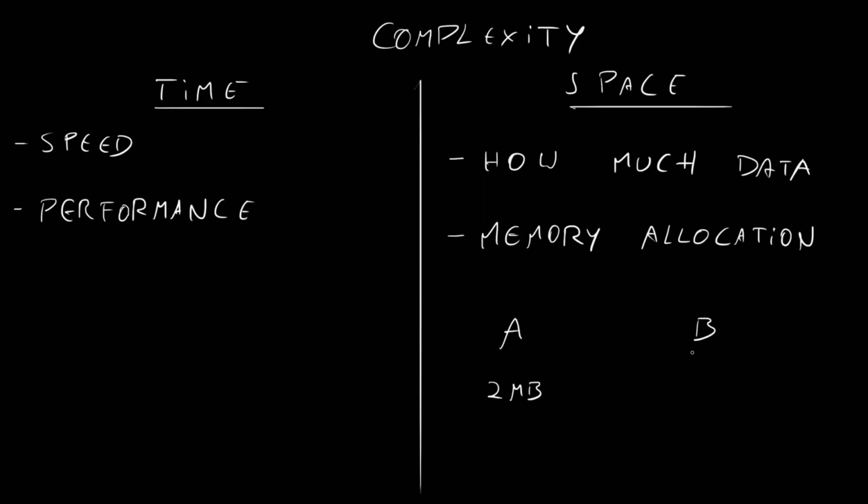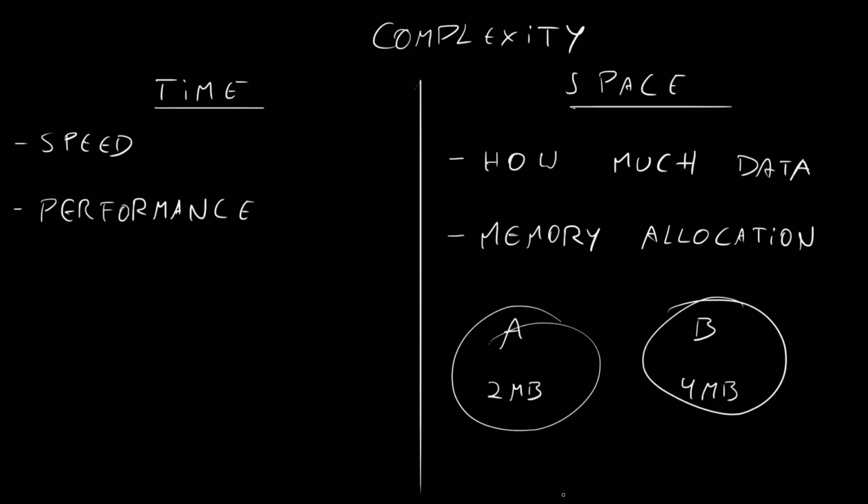So the input is the same, the output is the same. This has to be clear, right? Of course, if you have different input and different output, then you might need different allocations. But with the same input for the same output, let's say that this would allocate twice as much memory. We would say that the spatial complexity is 2 times the spatial complexity of A.